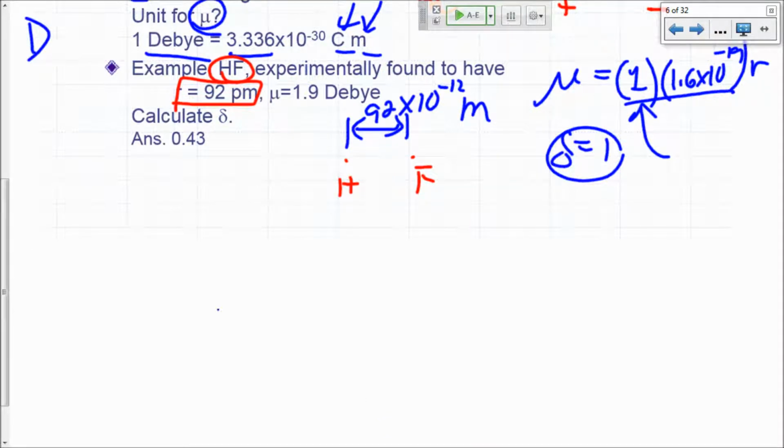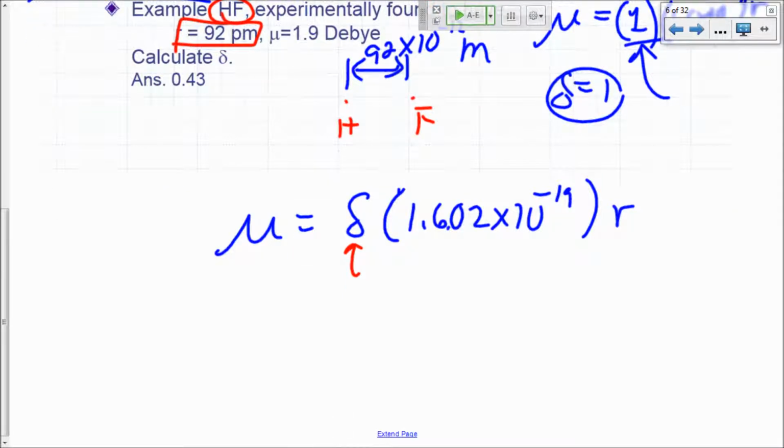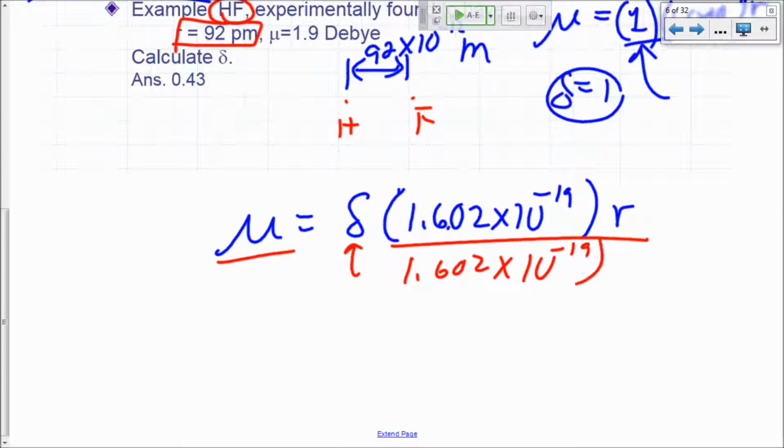What was our formula? Mu equals partial charge times 1.602 times 10 to the negative 19 coulombs times r. How do I solve for delta? Divide both sides by 1.602 times 10 to the negative 19 times r.